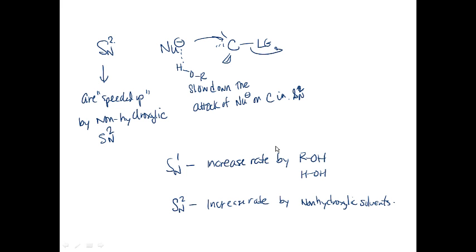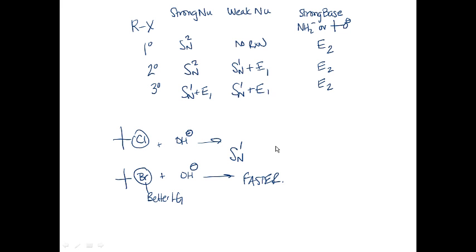Okay. So that's the end of the SN1, SN2 reaction mechanisms. Here's our chart that shows us how to predict SN1, SN2, E1, E2 reactions, and then that allows us to write our products. And we know how nucleophilicity, leaving group ability, and now solvent play a role in speeding up SN1 versus not speeding it up.